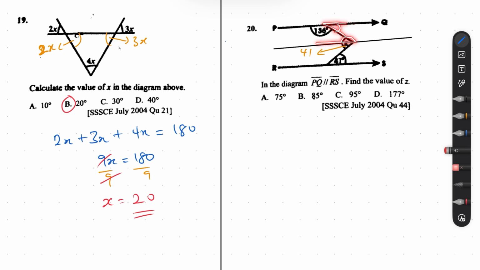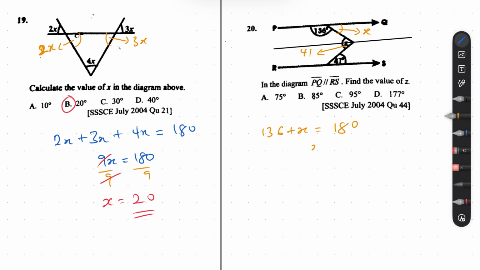Now how do you find this part? This is an angle on a straight line. Angles on a straight line are supplementary, that means they add up to 180. So this angle over here plus this angle 136 should give us 180. Let's label that angle X. So 136 plus X should give us 180.